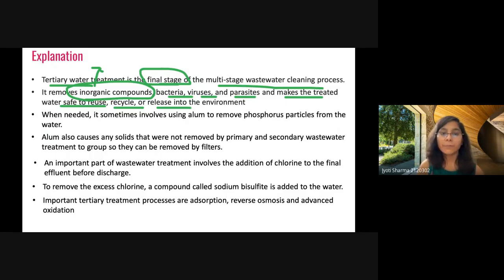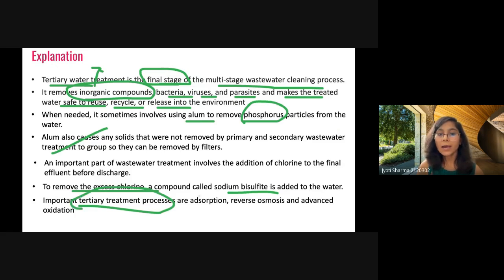Whenever needed, we may add alum to remove phosphorus particles from the water. Then we need to add sodium bisulfite so that we can remove the excess chlorine. And important tertiary processes that we have are adsorption, reverse osmosis, and advanced oxidation, on which we will have some MCQs.